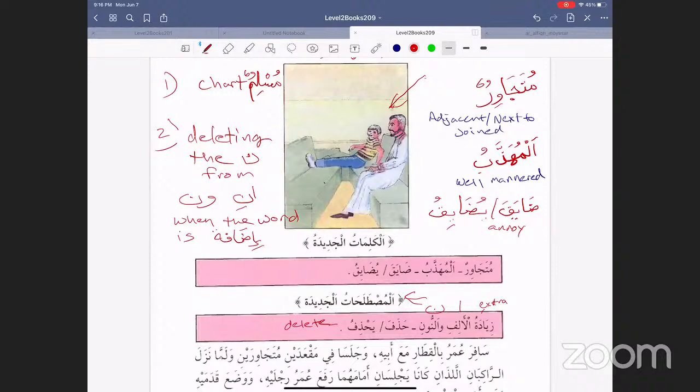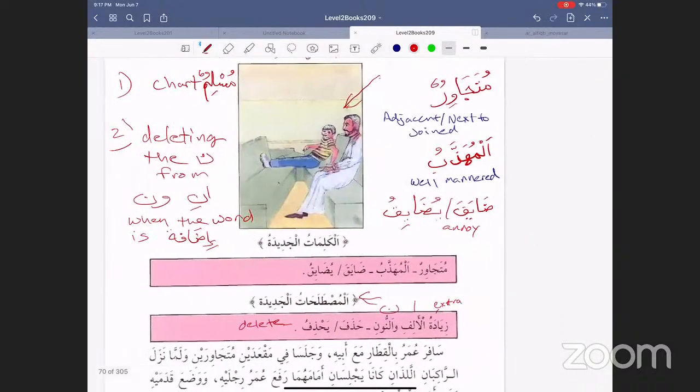So real quick, we took the vocab. زيادة الألف والنون in the مصطلحات means an extra alif and noon. حذف يحذف means to delete. The two main things this chapter is focused on are the Muslimun chart, which we are going to get into right now as a review, and deleting the noon from words that have an ani or una at the end when that word is in an idafa construction, when it's mudaf to a mudaf ilayh. Don't worry, we're about to go to the next page and explain everything.